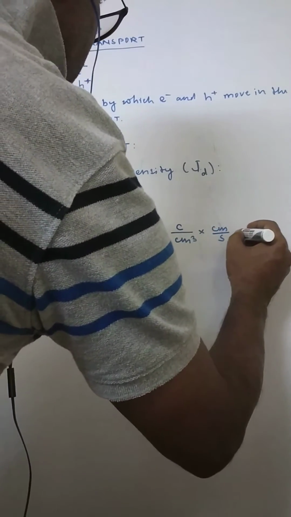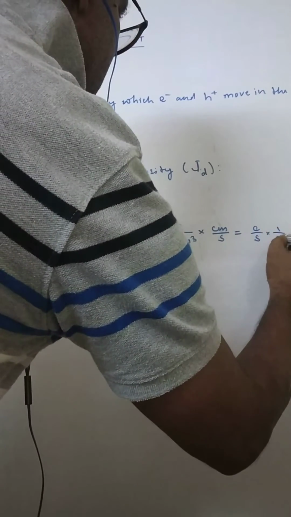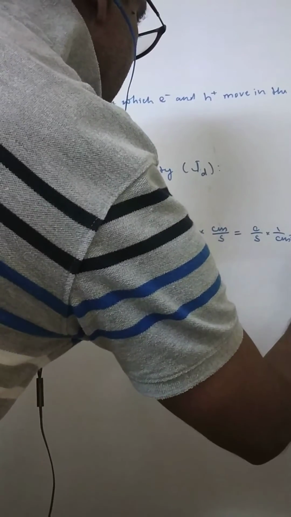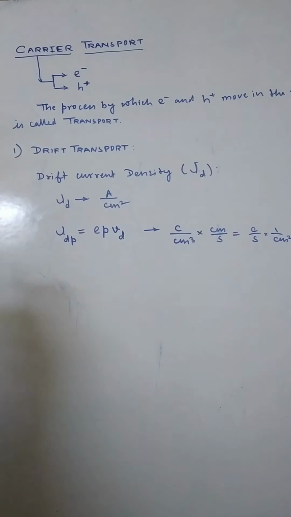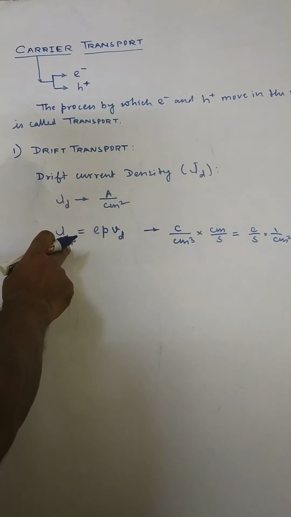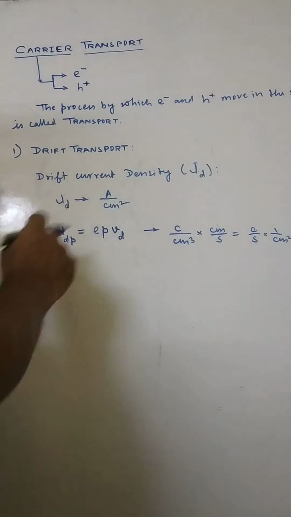So this gives coulomb per second per centimeter square, and coulomb per second is amps, so amps per centimeter square, which is the same as JD. Yes, our expression is correct. So JDP is the drift current due to the hole's movement.